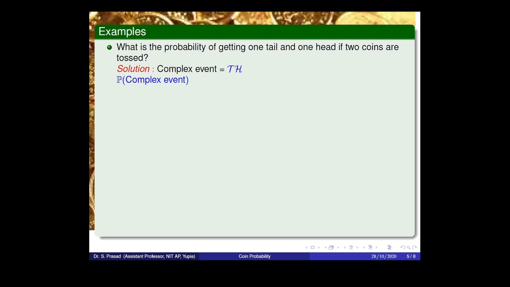And after that, how to find the probability of this complex event? So we write the probability of TH as probability of T into probability of H into arrangement of TH.